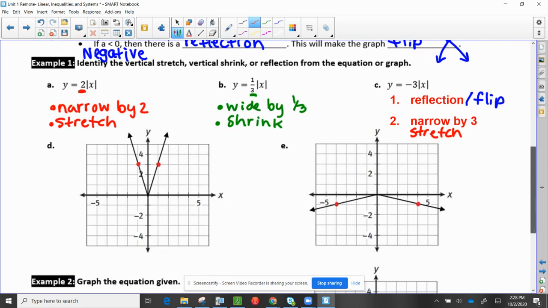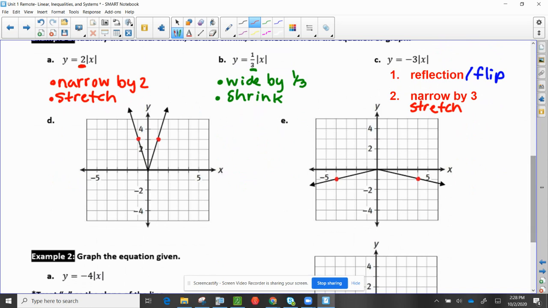Now, if we have a graph, remember the parent function also starts at 0, 0, but it has an increase of 1 over 1 on each side. So if I compare that to this graph, you can see that it's much skinnier, much more narrow.